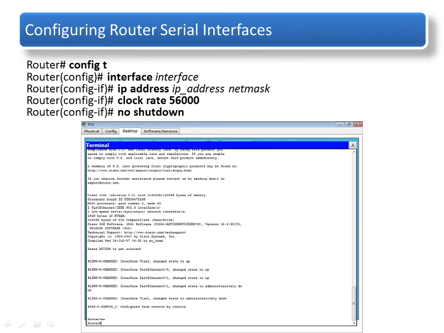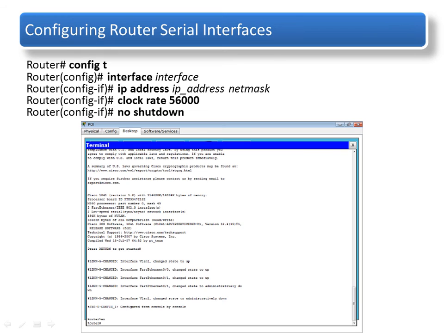Serial interfaces are used to connect WANs to routers at a remote site or ISP's office. Each connected serial interface, just like an Ethernet interface, must have an IP address and subnet mask to route IP packets. Serial interfaces require a clock signal to control the timing of the communications.